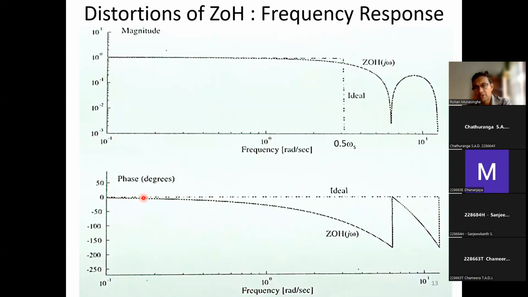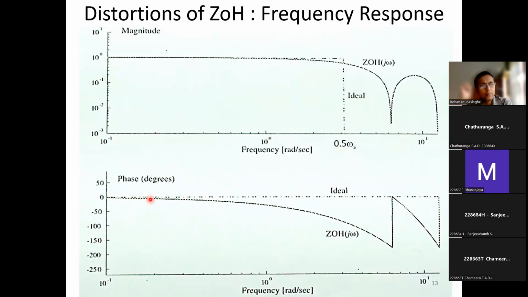You are going to have a phase loss, right? You're going to have phase loss the moment you convert your continuous time into discrete time. Now, you can actually sacrifice 10 degrees. And over here, you can figure that out.